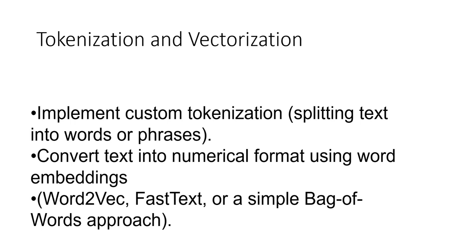So I'm going to convert all those words into tokens using the word embeddings format. Many algorithms are available to convert to word embeddings, such as Word2Vec, FastText, or the simple bag of words approach. There are many other algorithms available.